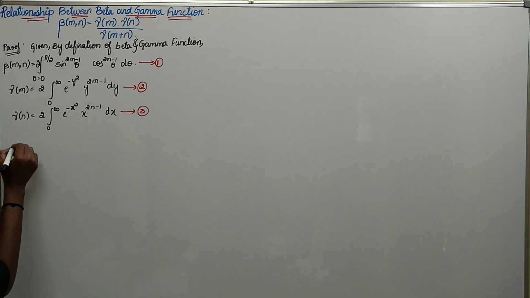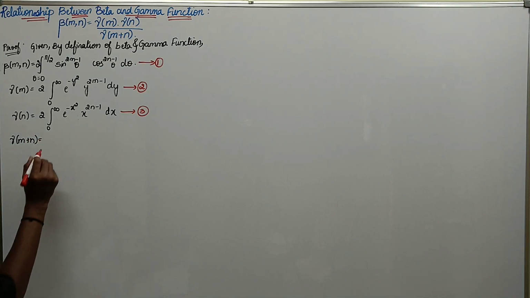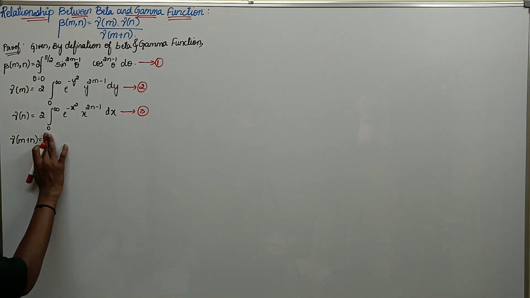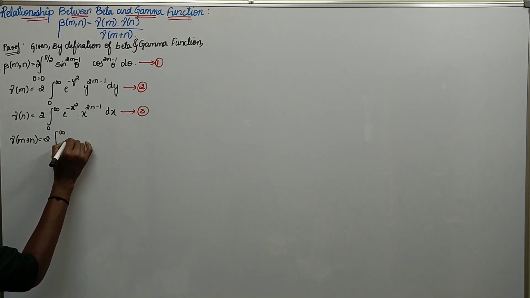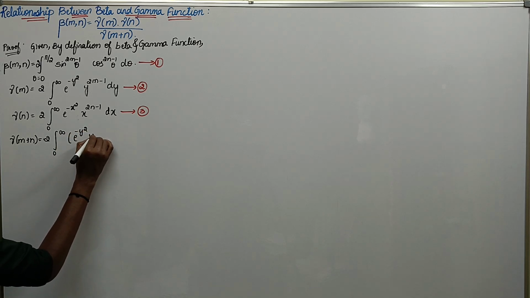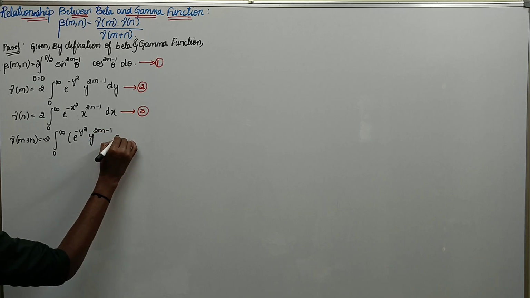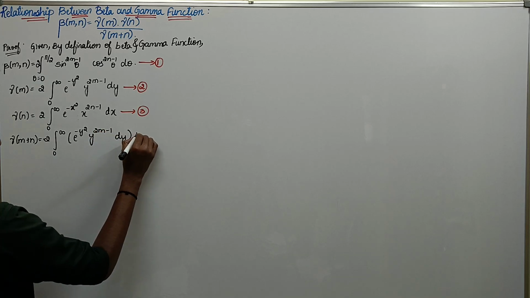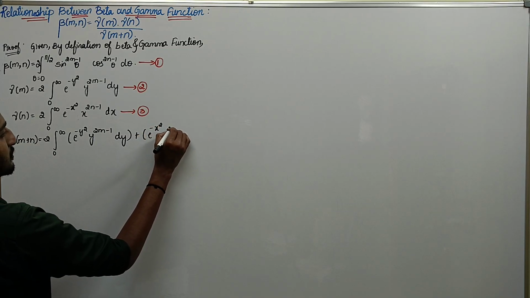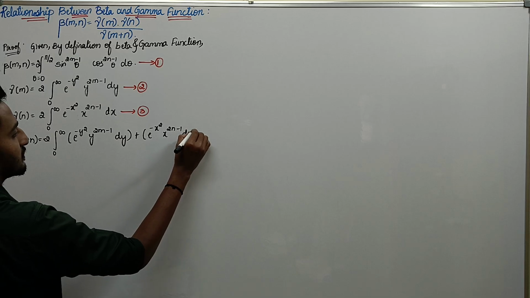Next, the standard representation of gamma of m plus n. By the definition itself, in place of m and n, we are going to replace m plus n. So we are going to substitute 2 into integral 0 to infinity e to the power of minus y square, y to the power of 2m minus 1 dy plus e to the power of minus x square x to the power of 2n minus 1 dx.